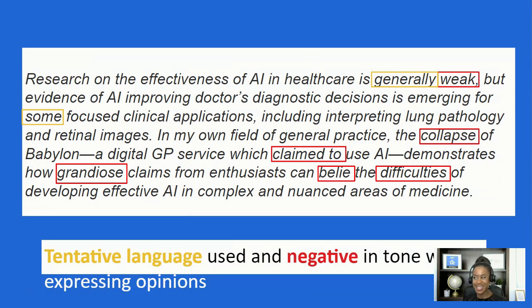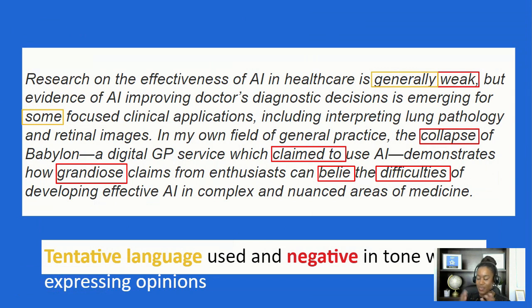Collapse generally has a negative connotation. Claimed suggests a little bit of doubt there. Grandiose has this negative sense as a word. Belie also has negative connotations. And I think you'll agree that difficulties is generally associated with something negative.